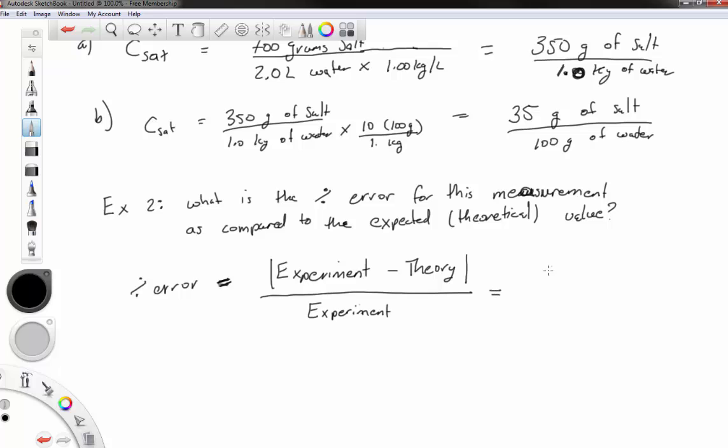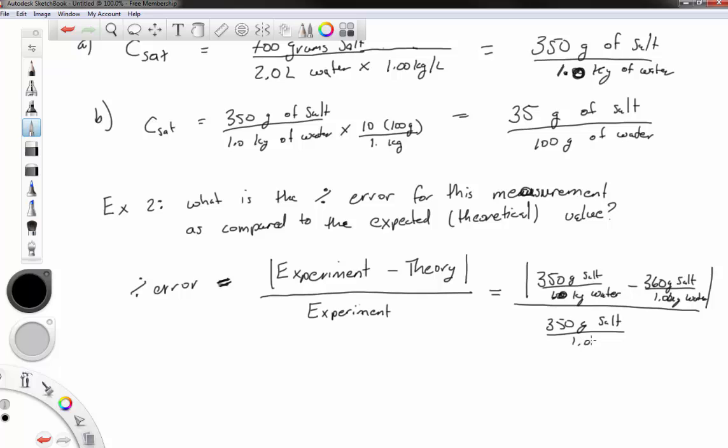And so what this looks like is the absolute value of 350 grams salt per 1 kilogram water minus 360 grams salt per 1 kilogram water, all with an absolute value, and then divided by the experiment, which was 350 grams salt per 1.0 kilogram water.